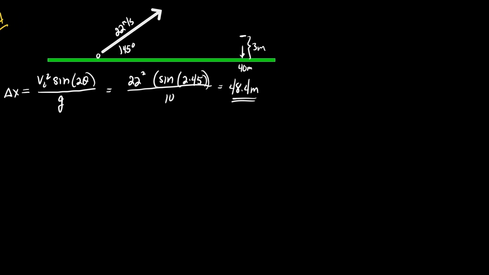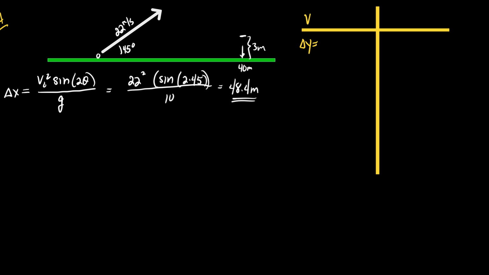I think this requires both the vertical and horizontal side to solve it. So I'm going to make a chart to kind of keep track of what I think is happening. My vertical side, I'll have delta y is unknown. I would like delta y to be greater than 3 meters. That way I make the goal. Vy initial will be 22 sine 45.